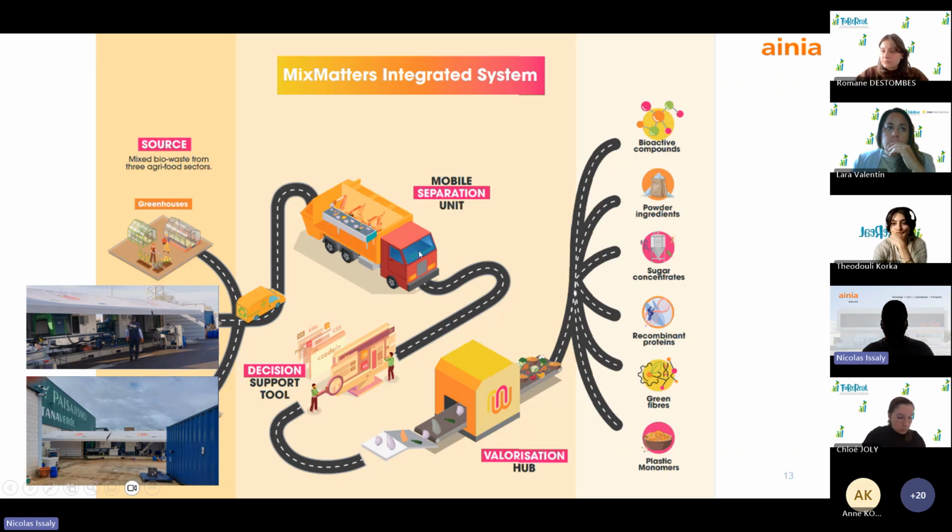And once we have these different kinds of secondary streams, we send them, thanks to a decision support tool based on the composition analysis of the secondary streams, to valorization hubs in order to produce 6 different outcomes.